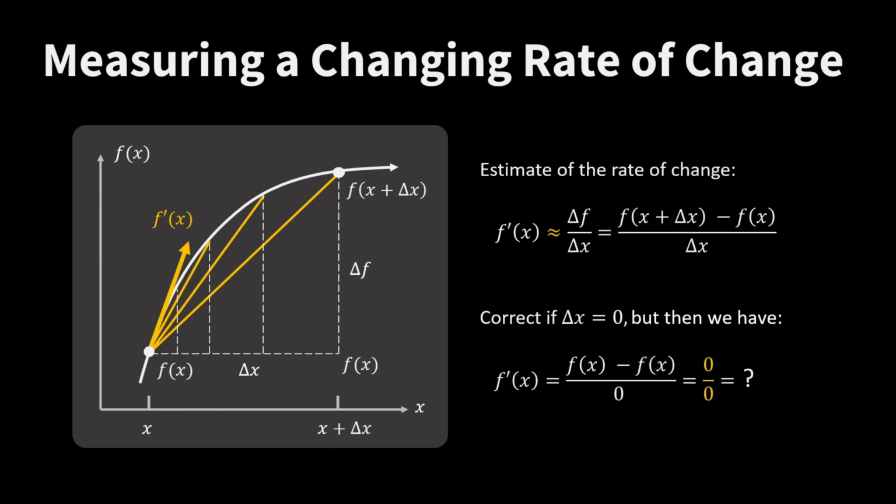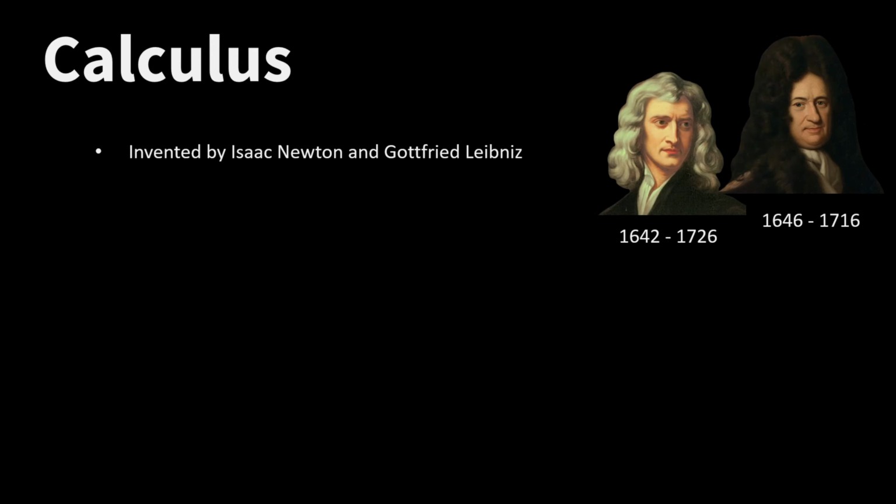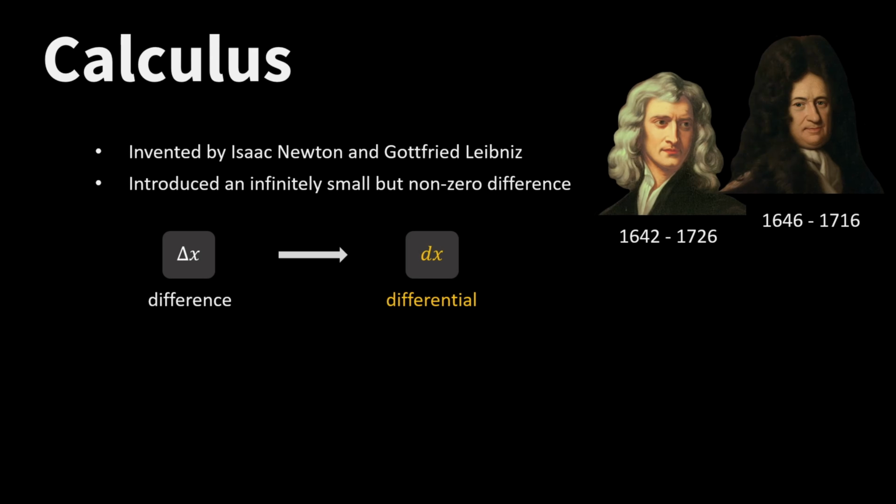Since derivatives are essential to describe physical phenomena, it was very important for mathematicians to find a solution to this problem. Finding a solution spawned an entirely new branch of mathematics. It's called calculus. Calculus was invented by Isaac Newton and Gottfried Leibniz. Their idea was to introduce an infinitely small but non-zero difference. They called it differential.